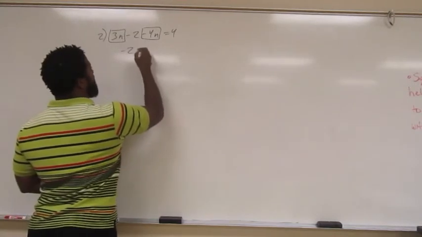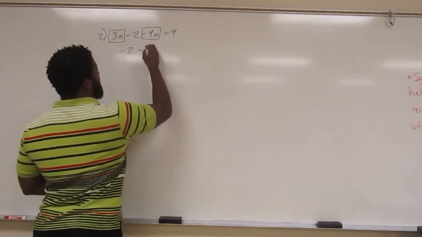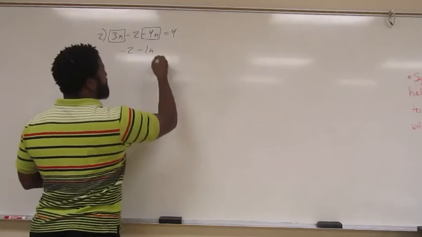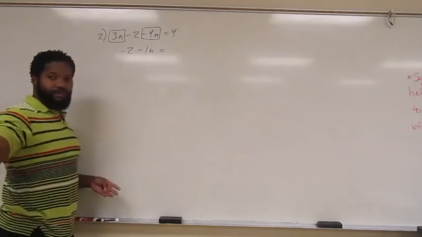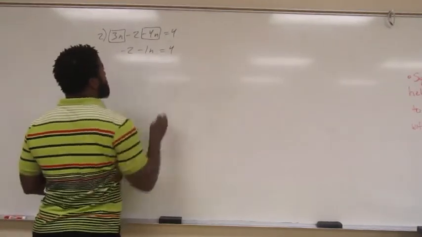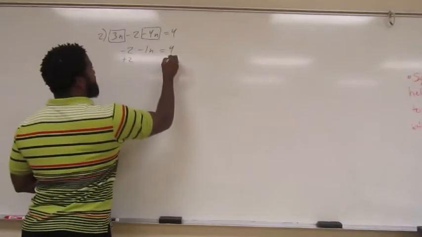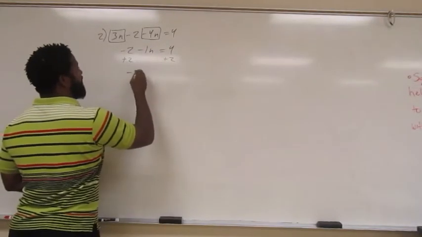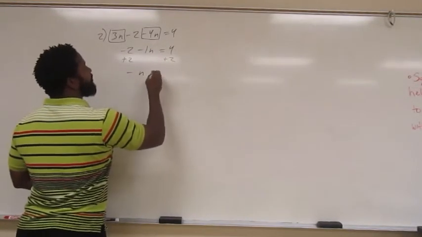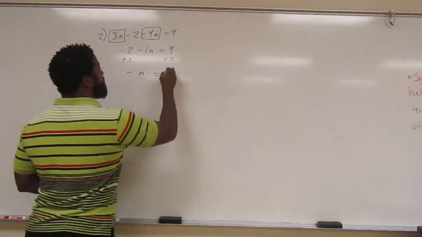So we have -2 minus, I guess, 1n, if you will. Or just n. Thank you. So to speak. You can do it like that. It doesn't matter. Add the 2 to the other side. Therefore, you have this -n equal to 6.